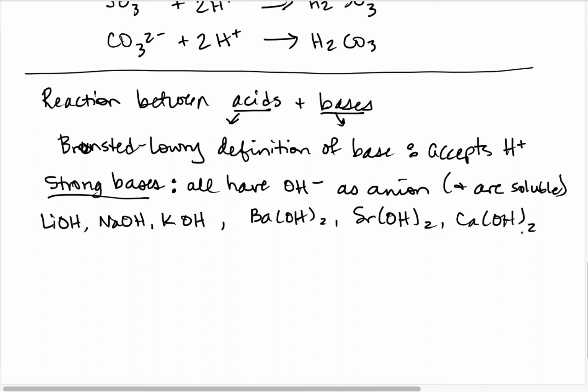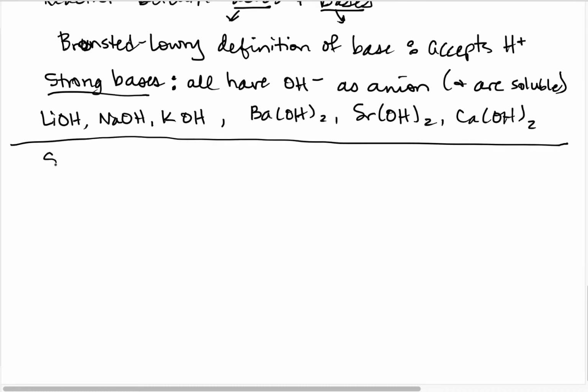And these are all three alkaline earth metals for the cation. So they're all close to each other on the periodic table. It should make it pretty easy for us to remember these six. And of course, we also know our solubility rules. And so if you can remember your solubility rules for OH minus, then you're all set. So let's look at a reaction between a strong acid and a strong base.